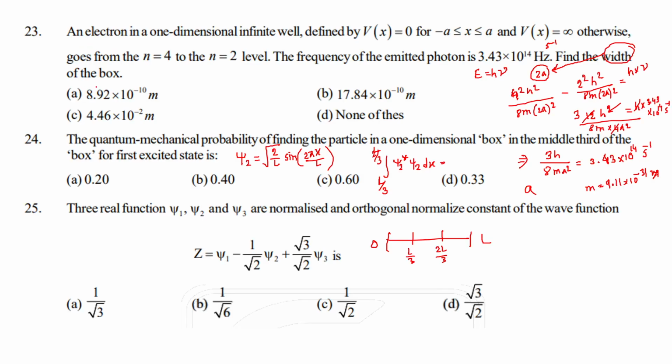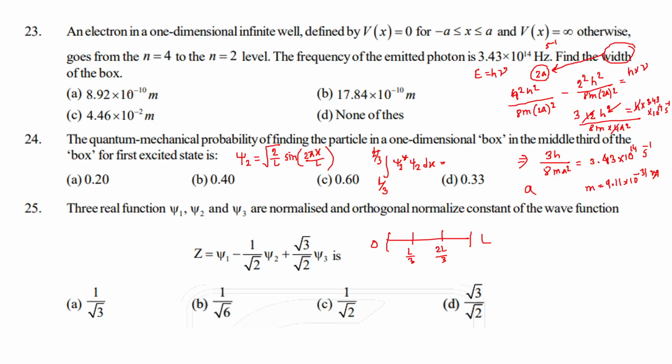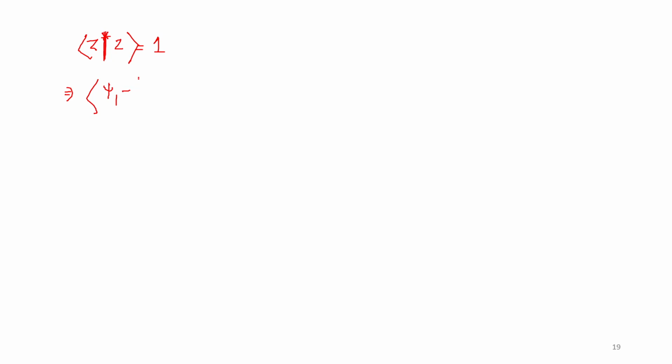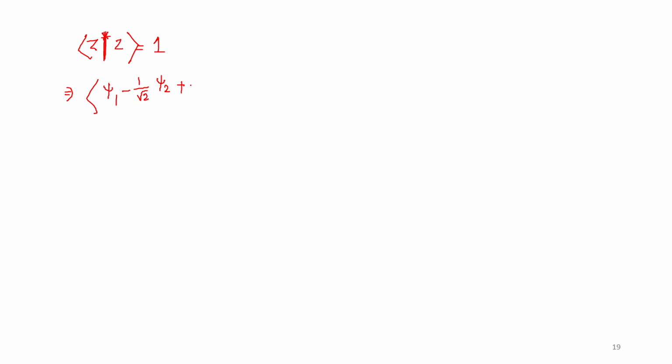So we have psi 1 minus 1 over root 2 psi 2 plus root 3 by 2 psi 3. On this side it will be the same: minus 1 by 2 psi 2 plus 3 by 2 psi 3. If z is normalized, then you are going to get this.